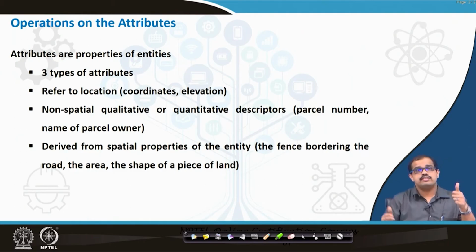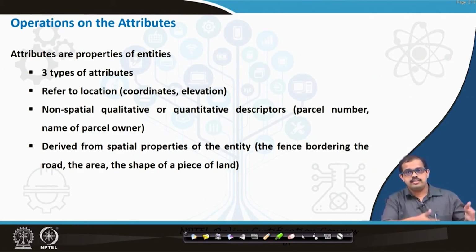So, that becomes the first kind of attribute. The second one is the non-spatial qualitative or quantitative descriptors. That is the second type of attribute. The third one is the attribute that is derived by the spatial products of an entity. Okay. If you have different entities, you would have done some spatial operations and got another entity. This is the third kind of attribute.